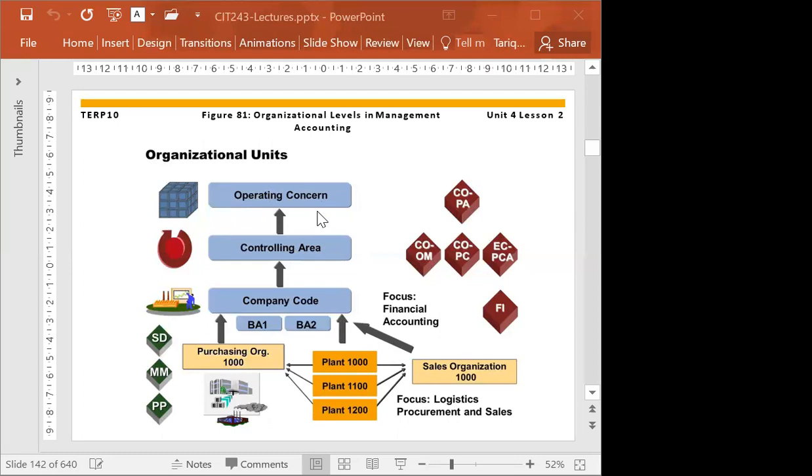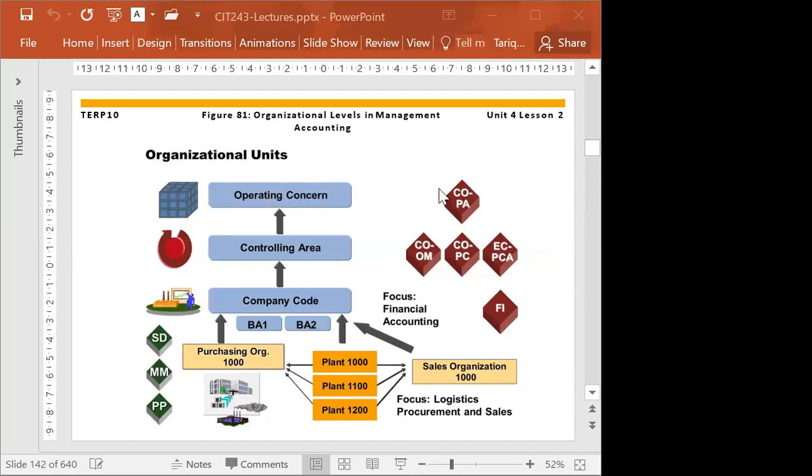In profitability analysis, the main organizational unit is the operating concern. We only configure the operating concern if we decide to use profitability analysis. If we are not using profitability analysis, then there is no need to create the operating concern.